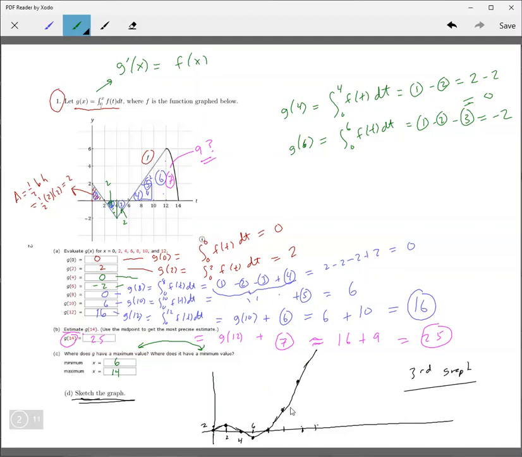So the derivative of this function is just this function. And you can kind of see that right here. This is a local maximum, local minimum. And those are precisely where this function crosses the t-axis or the dependent variable axis right here and here. Okay, so that's kind of interesting.